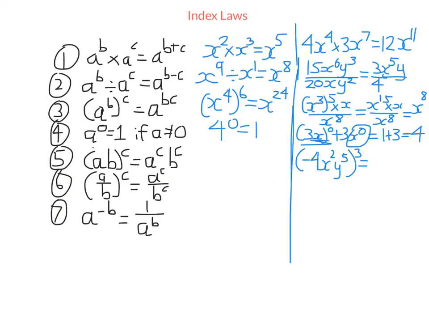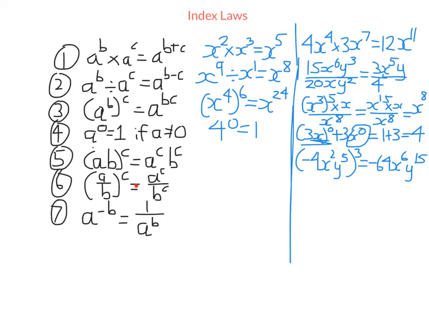So I have to raise minus 4 to the power of 3. So whenever you're substituting a negative, use brackets in your calculator. Minus 4 to the power of 3 is minus 64. X squared to the power of 3, keep the same base and multiply the powers. Y to the power of 5 to the power of 3, I keep the same base and I multiply the powers. So in this example here, use this index law and this one.